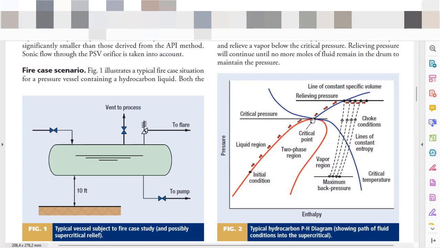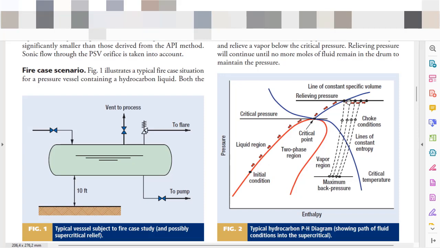From the critical point to the pressure relief device set point, we will have a line of constant specific volume, and the mass density will also be constant because the specific volume is the inverse of the mass density. So based on that, as I have a specific volume of the fluid and I have the pressure condition of the release, I can find the temperature that matches these two pieces of information.